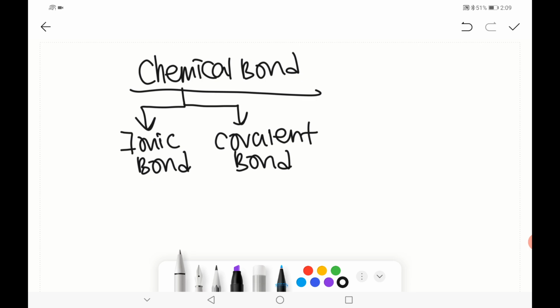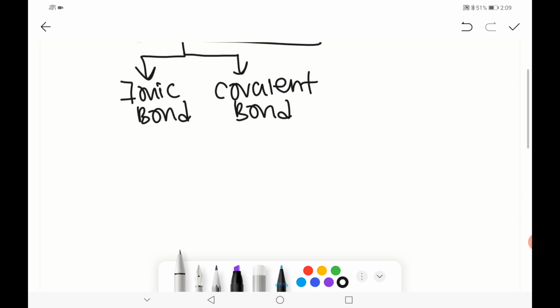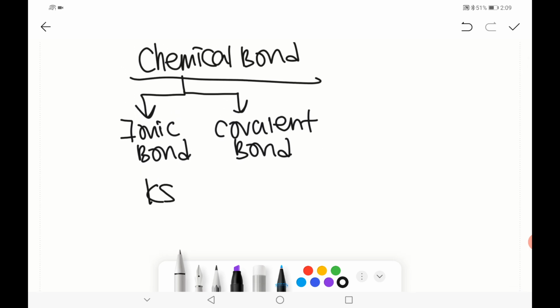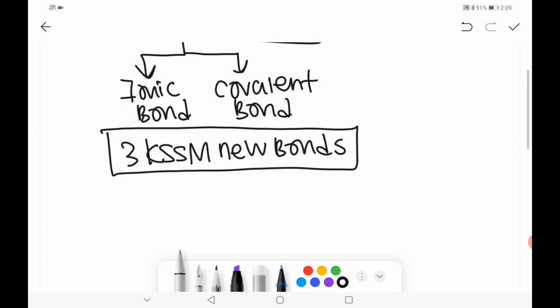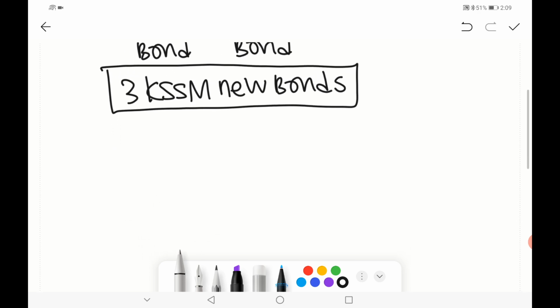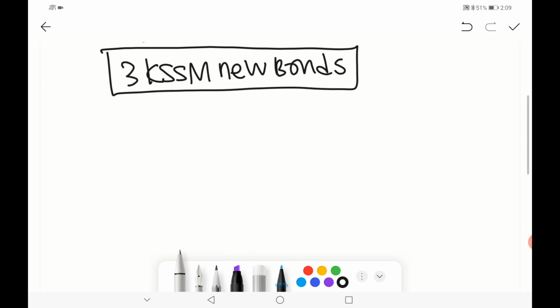Okay, so today our focus is to learn something on KSSM new bonds. There are a total of 3 KSSM new bonds that you need to know. These 3 bonds we didn't need to learn back in KBSM, but for your new syllabus KSSM you need to know about them.